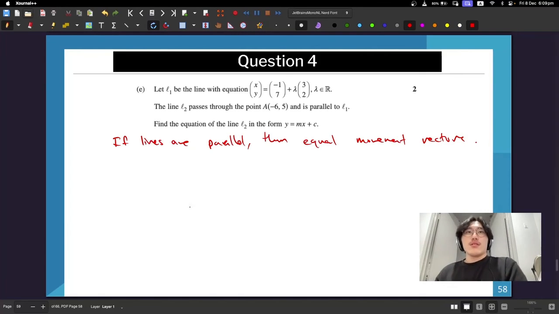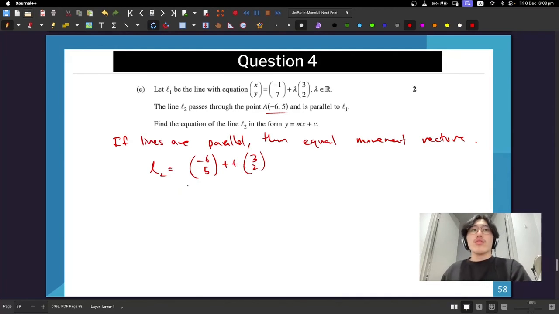Okay, so we've been given a point that it passes through. So L2 is just going to be (negative 6, 5) plus, it's parallel, so (3, 2) t. Instead of calling it lambda, let's call it t, because it's not the same lambda.